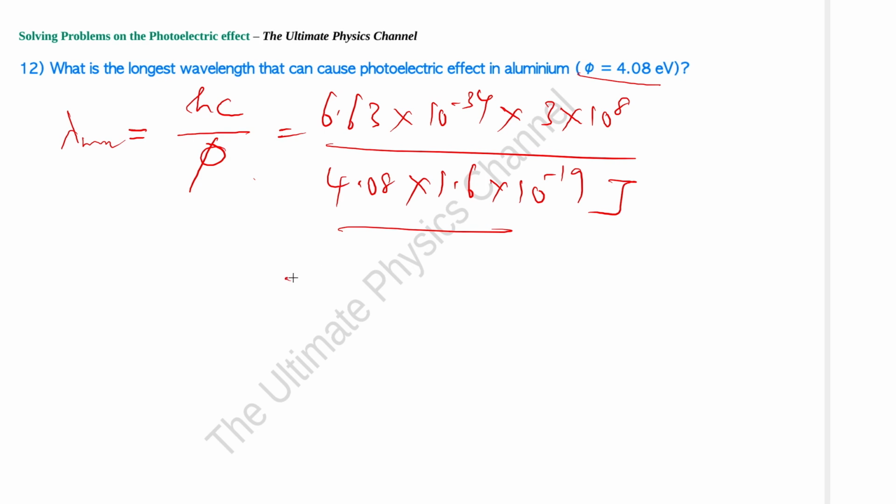If you work it out, you get lambda max of 300 nanometers. That is the lambda max for aluminium. Right. Let's move on to the next one.